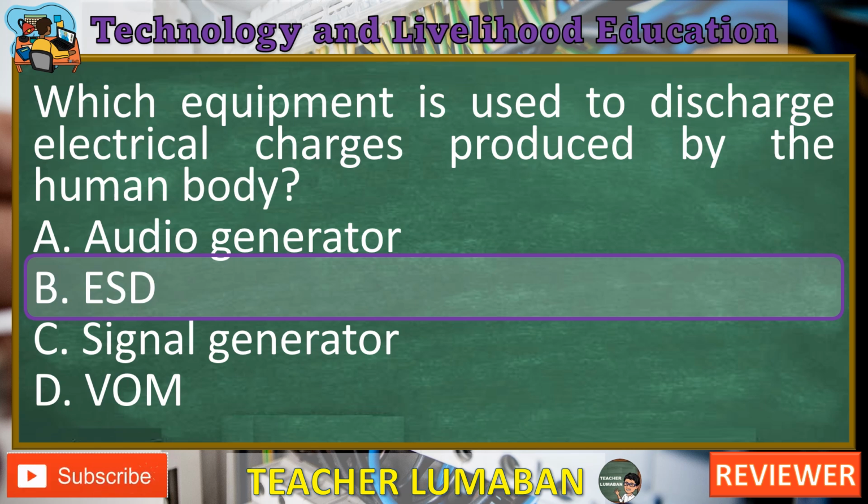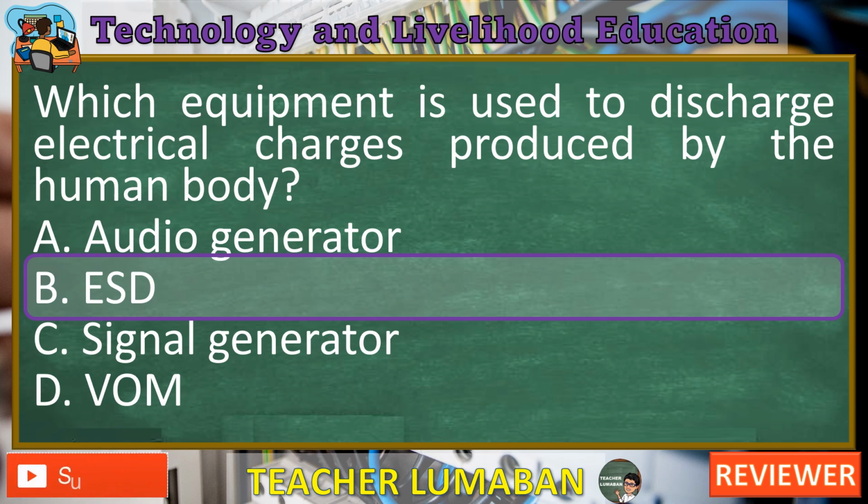Here's a brief look at the roles of the other options and why they are incorrect. Audio generator. This device generates audio signals and is typically used in audio testing and troubleshooting. Signal generator. This device generates electrical signals of various frequencies and is used in testing, designing, and repairing electronic devices.